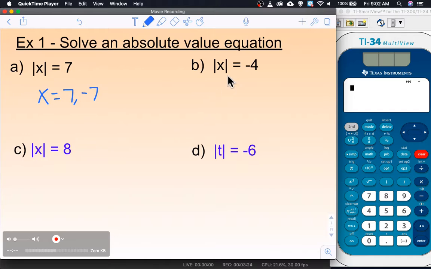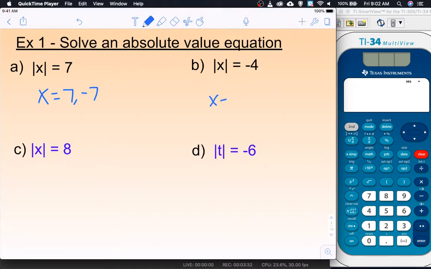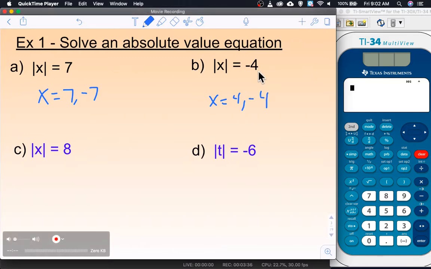Letter B. Now think about this. What number, if you take the absolute value of, would you get -4? And a lot of students think, well, it's 4 and -4, but that's not true. The absolute value of 4 is a positive 4. The absolute value of -4 is a positive 4.